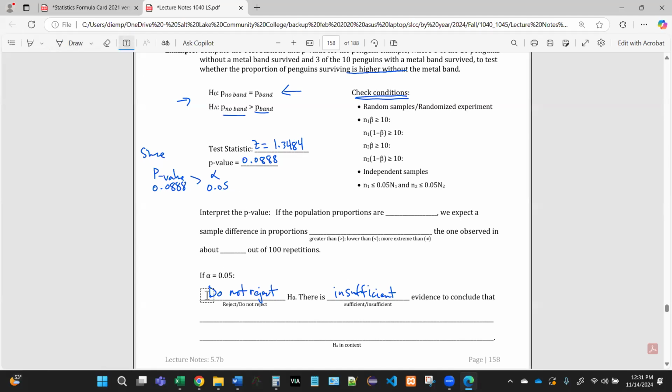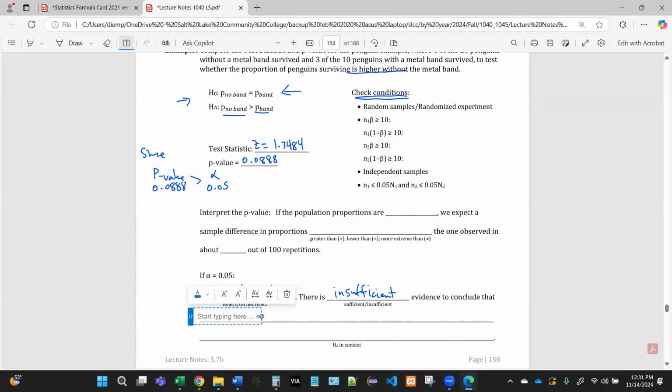So in other words, we would say to conclude that penguins without metal bands have a higher survival rate than penguins with bands.